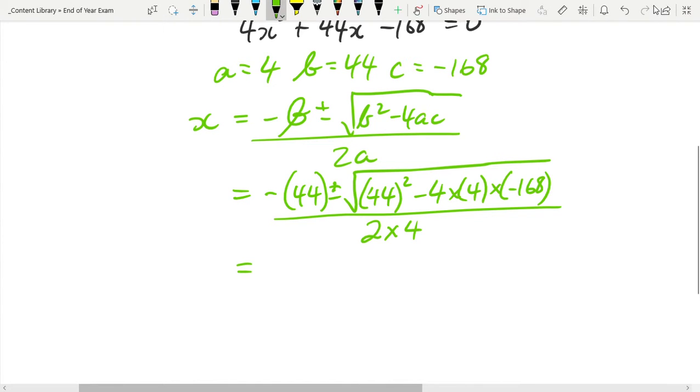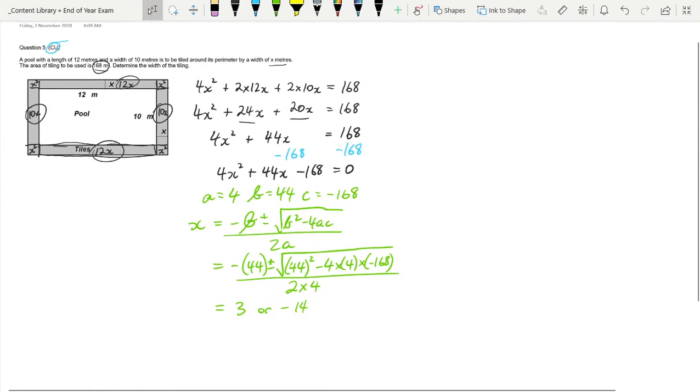Remember to enter it with a plus first, which gives 3. With a minus, you'll get negative 14. Remember, the x value is the width of tiling, and it doesn't make sense to have a width of negative 14 metres. So the only answer that works here is x equal to 3, or 3 metres, which is the width of that tiling.